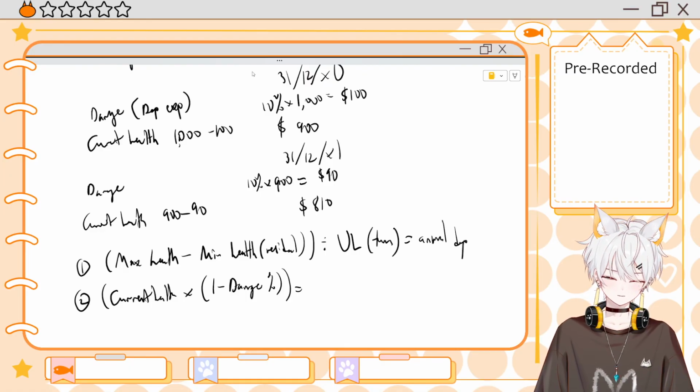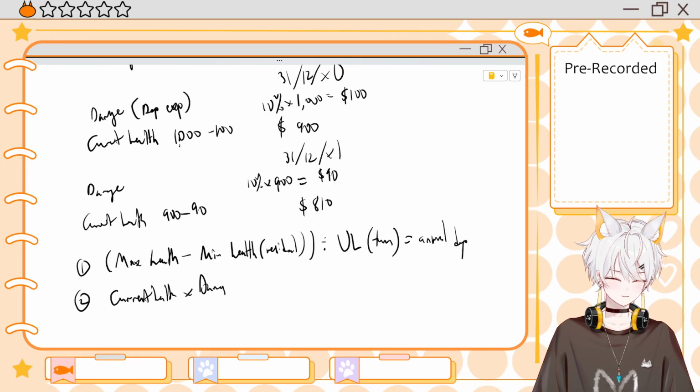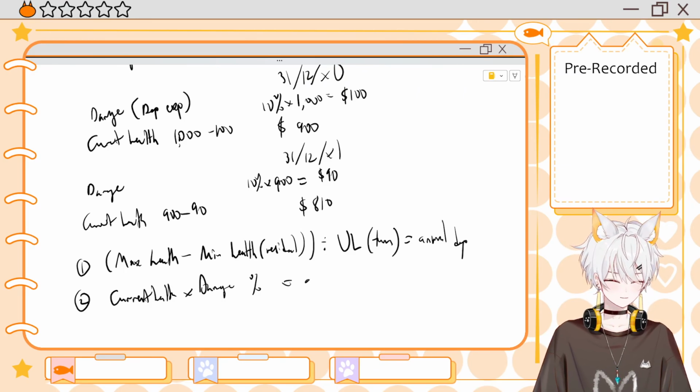If you want to just find out the annual depreciation, it would just be current health times your damage percent. Same thing, annual depreciation.